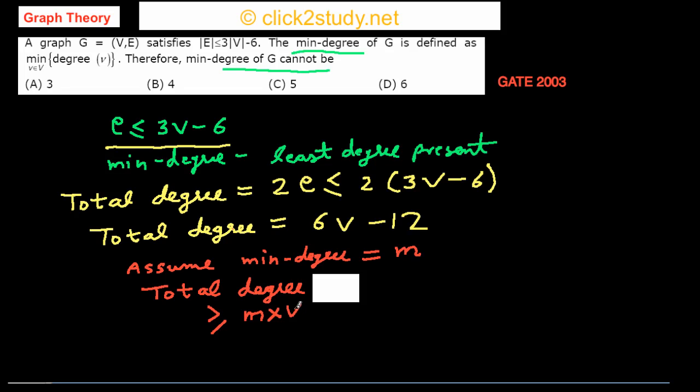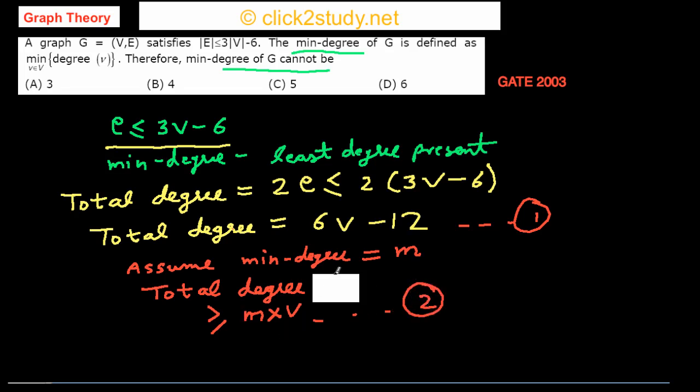V is the number of vertices that you have, and the least degree is M. That means every vertex in that graph has a degree of at least M. So if you add their degrees, you will get at least M times V, because everyone has at least M. Let's call this equation 1 and this equation 2.